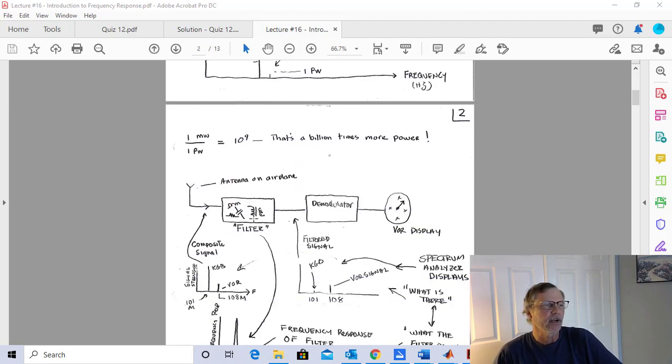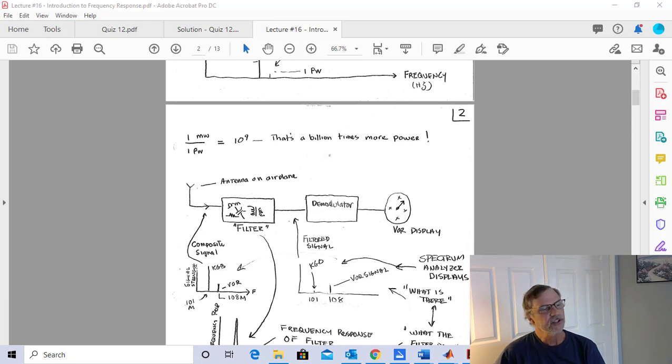So here's what we're going to do. Here's a drawing of what's going on in the airplane. I've got its antenna. This is kind of the symbol for an antenna. And then I've got a filter, which is kind of a mishmash of linear components. It's got resistors, capacitors, inductors, transformers. We try not to put resistors in it because resistors just dissipate and waste power, but I drew one in here anyway.